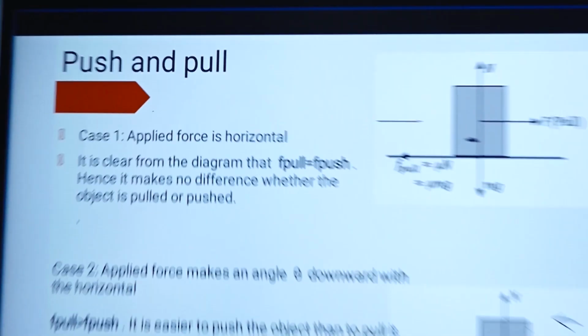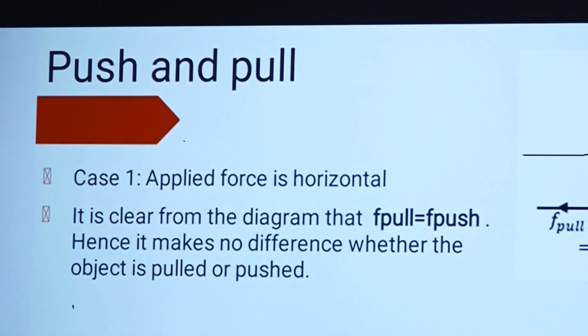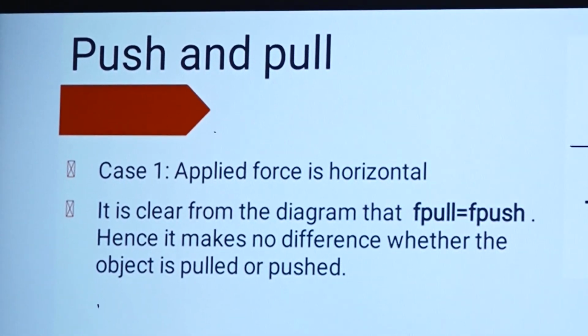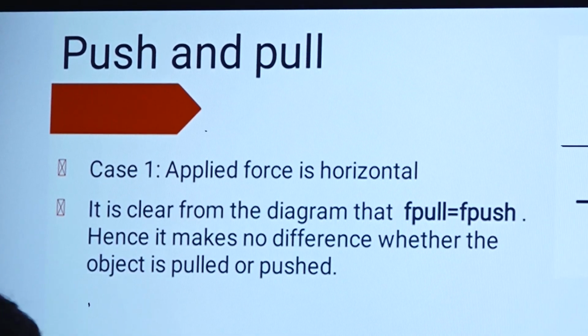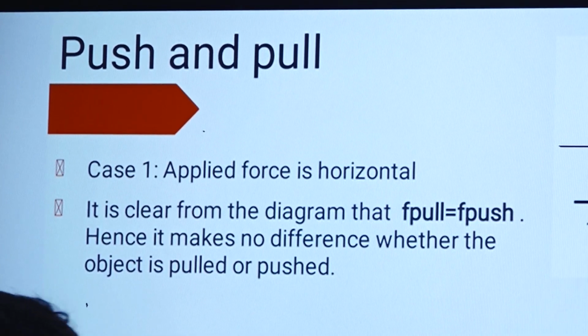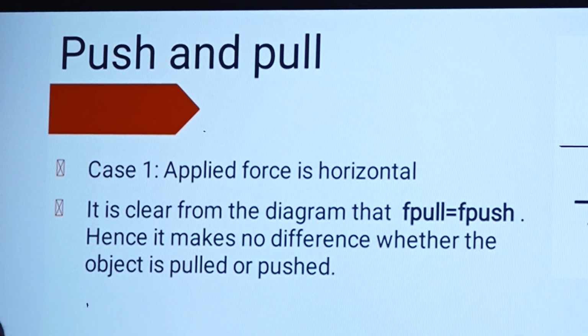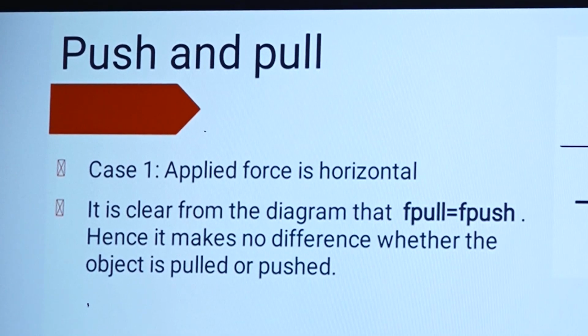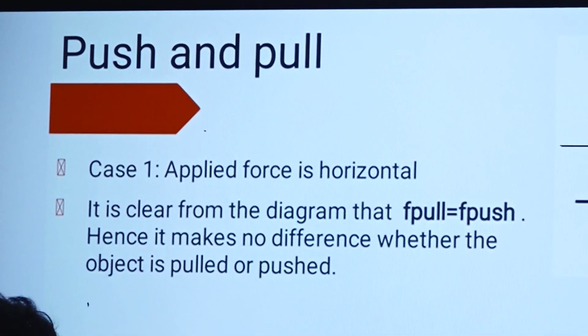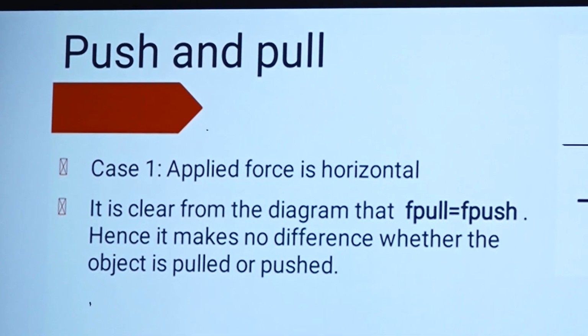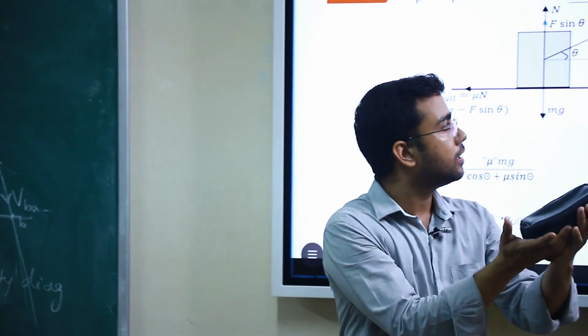And push and pull. Normally you must have seen that sometimes it is very easy to push a block, but sometimes it is very tough to push the block rather than pull it. All these things depend upon the angle of the force. Suppose I have this block here and I try to push it that way.